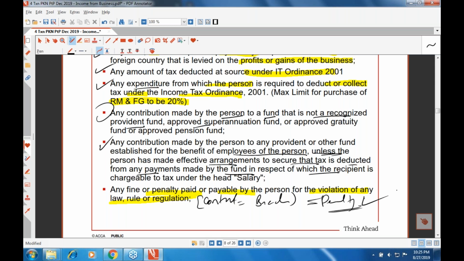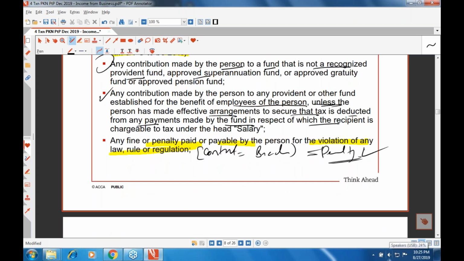But in case if you have got any violation of law where you're being imposed fine, tax, etc., then such payment is not deductible. So that's one of the aspects of the inadmissible deductions.